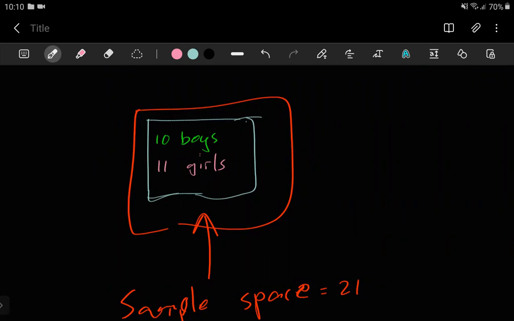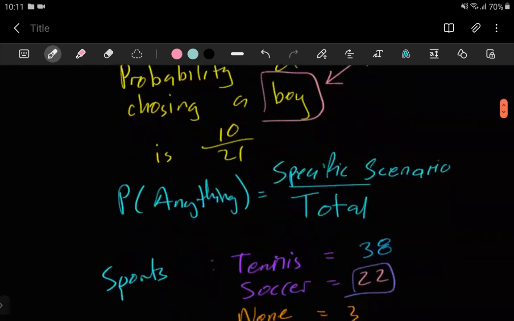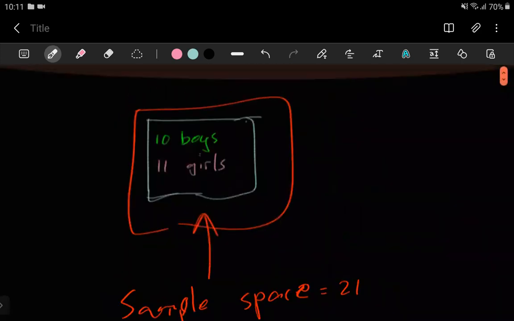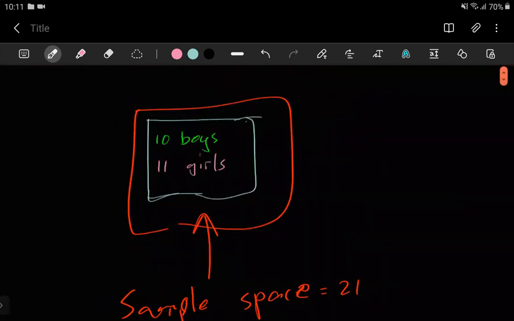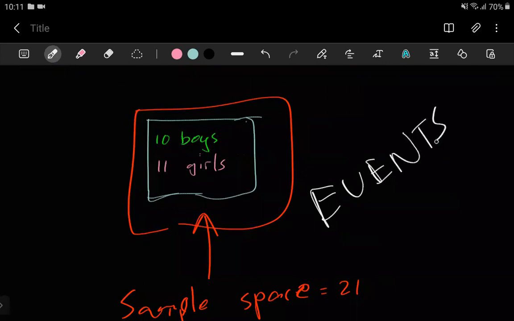So the thing now with probability is you need to understand the theory behind the questions that they'll ask you. Some of the basic theory that you need to know is that in probability, your different scenarios, or as they refer to them, events, have different characteristics.